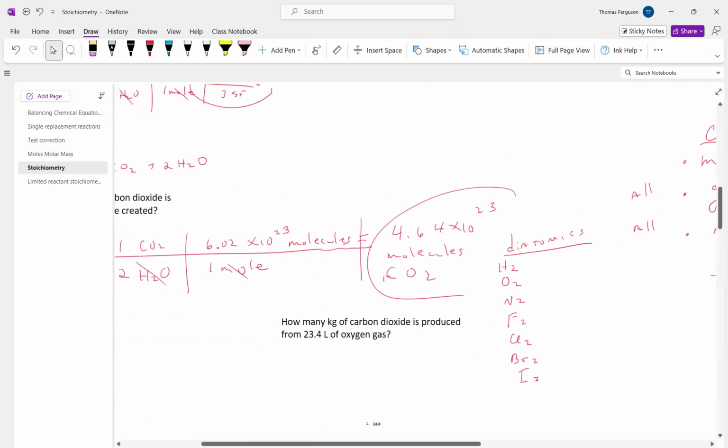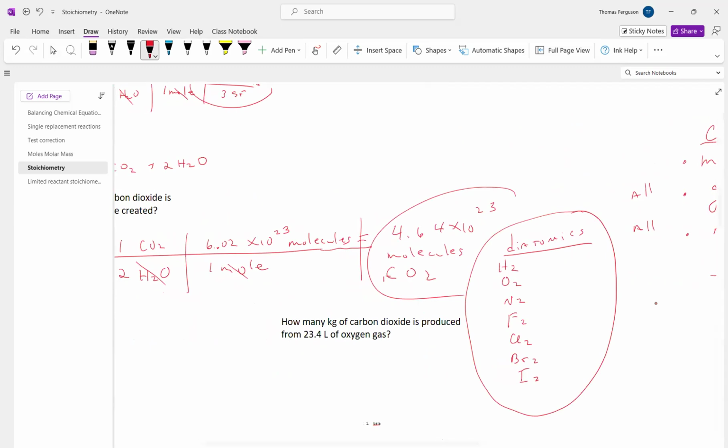This is a list of the diatomic gases. There are 7 of them. So again, in my class, I always say oxygen gas, but in other classes, they may just say oxygen. And you need to know, oh, that's one of those diatomics. Di meaning 2 atomics.